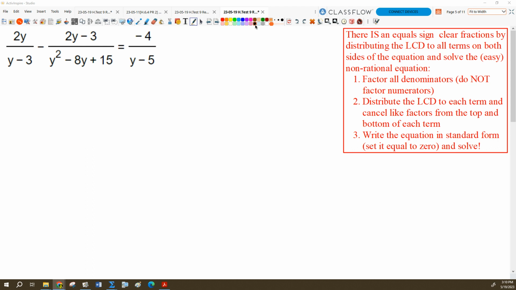So if we do that, we get 2y over y minus 3 minus 2y minus 3 divided by what factors? Okay.